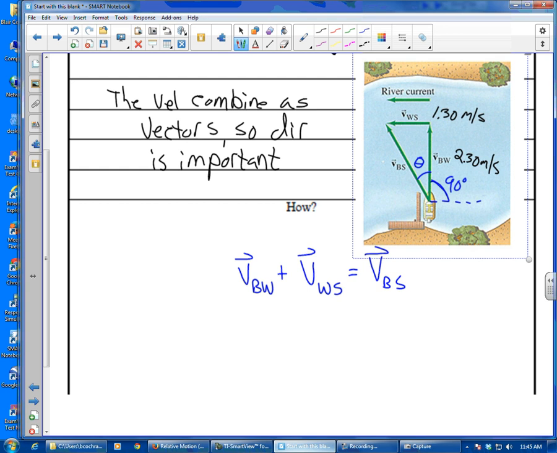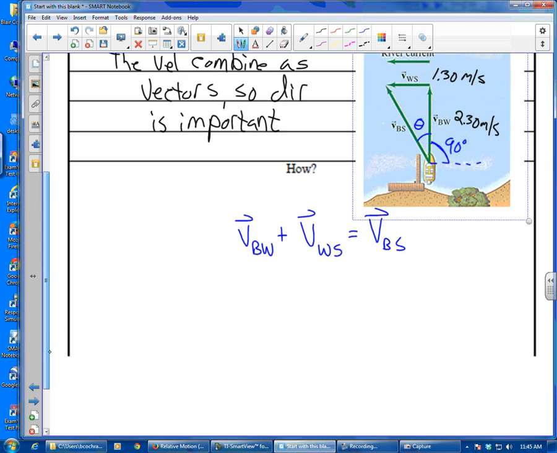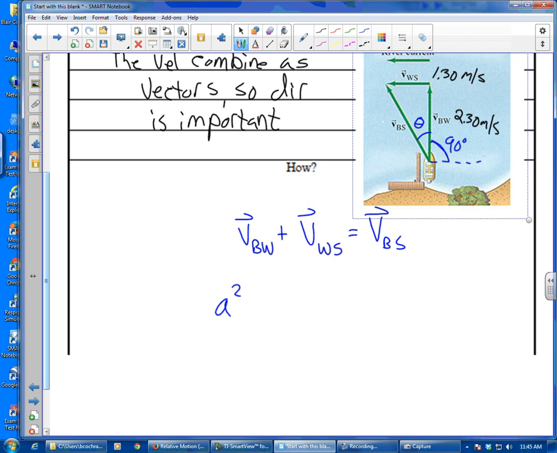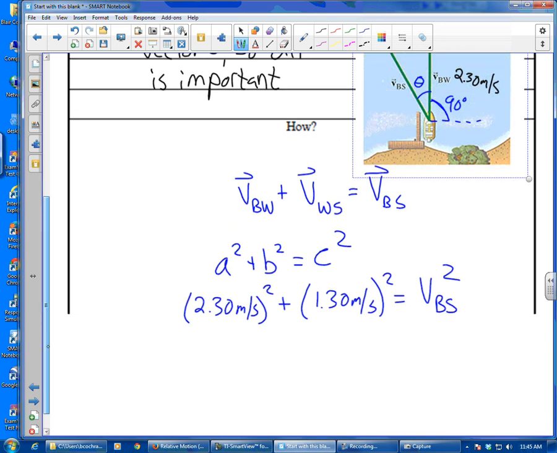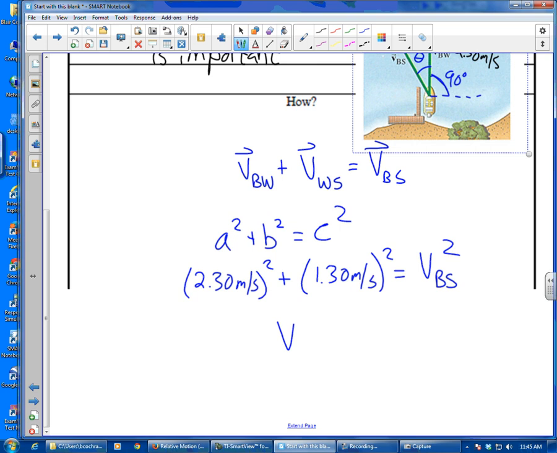So let's first find out how big this velocity is, its magnitude. To do that, we're going to use our good old friend Pythagoras. a squared plus b squared equals c squared. So 2.30 meters per second squared plus 1.30 meters per second squared equals VBS squared, and I find out my speed relative to the shore.